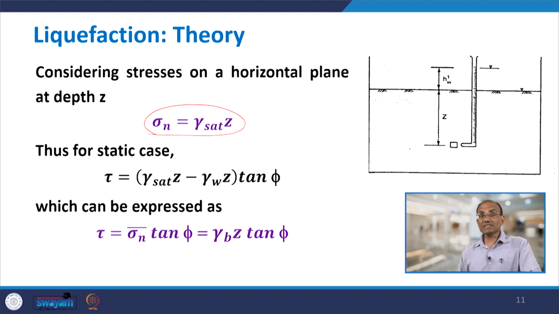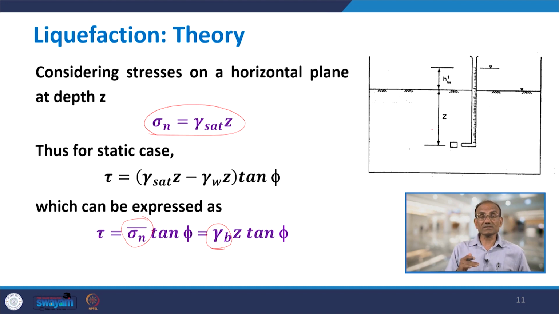Thus, for a static case, the shear strength will be (gamma sat into z minus gamma w into z) into tan phi, and this can be expressed in compact form using what we call effective stress. This is the effective normal stress, while gamma b is the submerged unit weight of the soil. So, using the submerged unit weight of the soil and the depth, you can find the shear strength of the soil particles at a depth z.